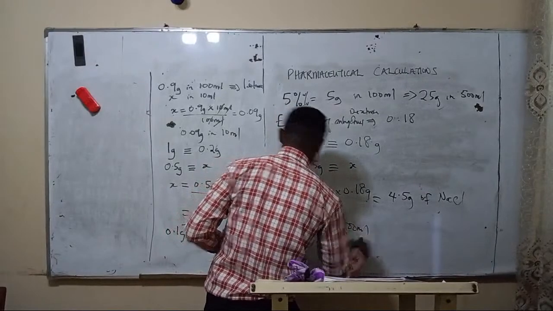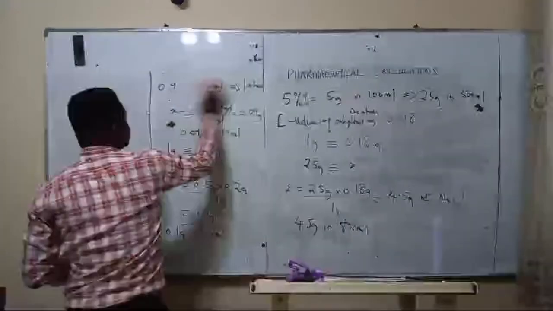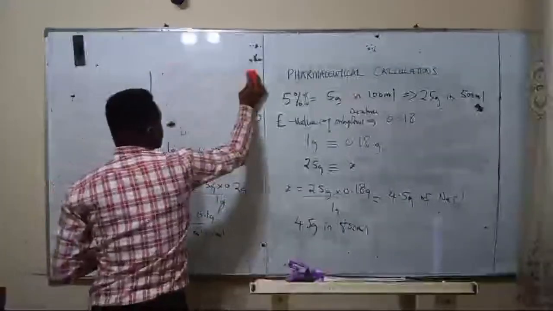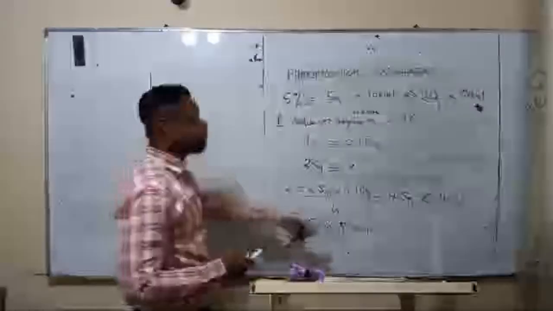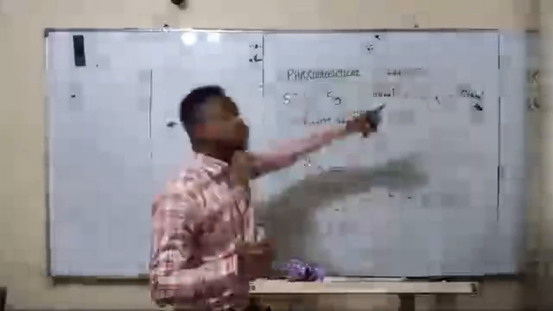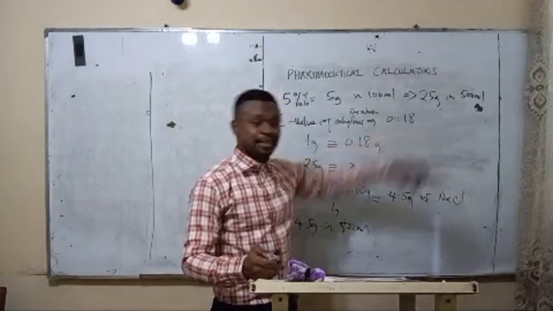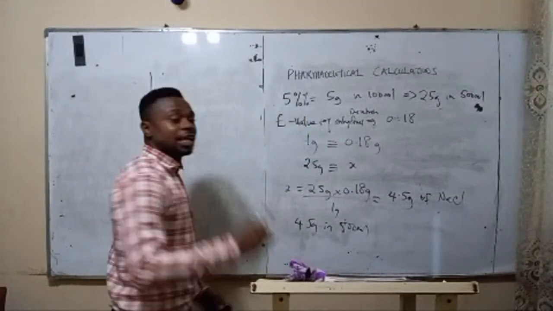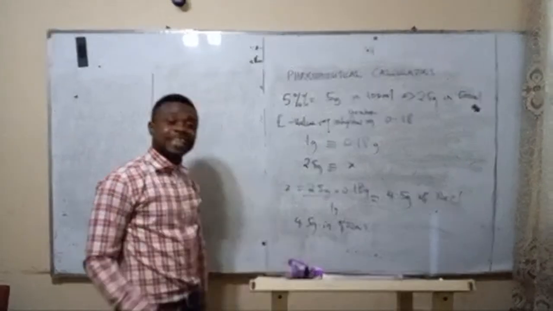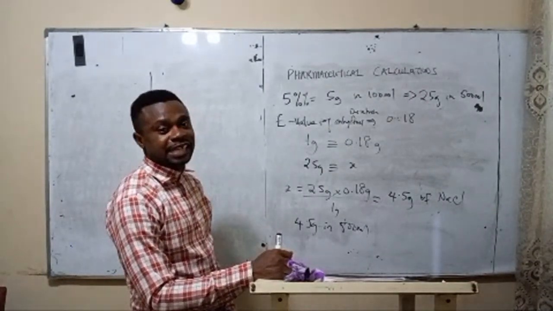That's the meaning, because this is 25 gram in 500 ml. So if you move it to sodium chloride, it becomes 4.5 gram of sodium chloride in 500 ml solution. The question is: is this thing isotonic? We don't know yet. Let's find out whether it is isotonic.